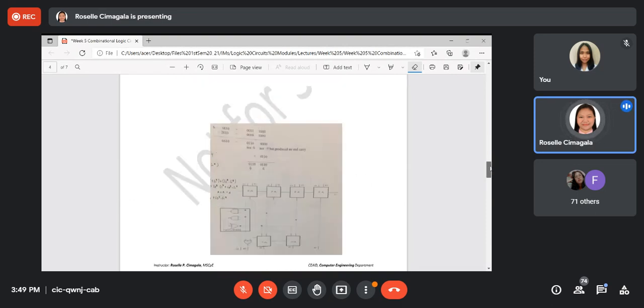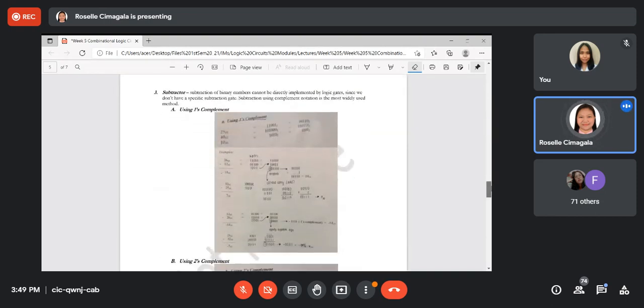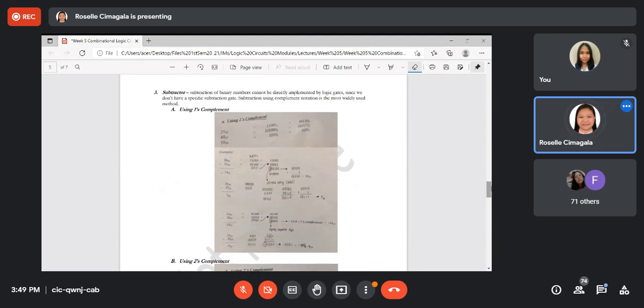So far we introduced the combinational circuits, so far the adder, and the subtractor, which is a long discussion. As I mentioned last time, we will be using complement.